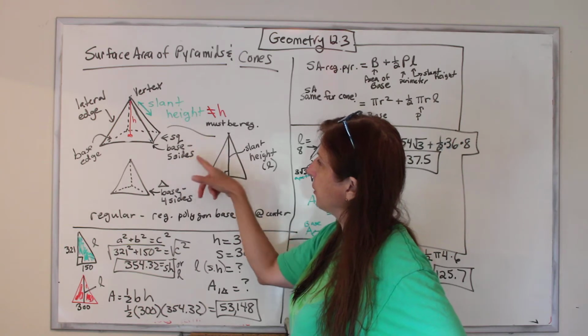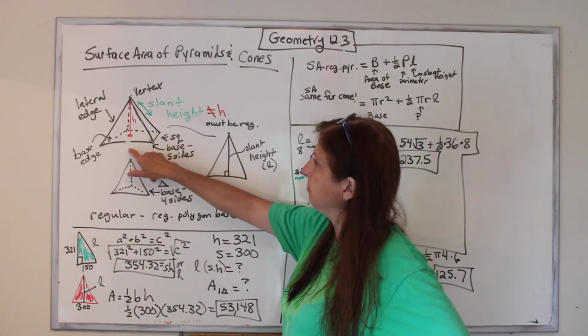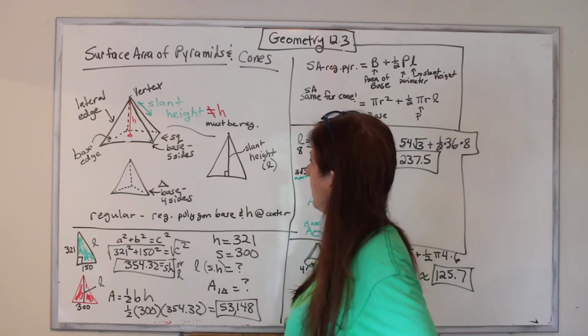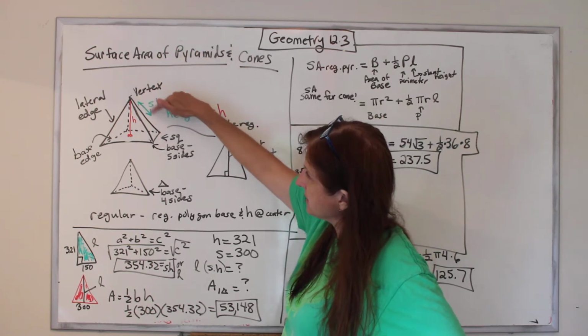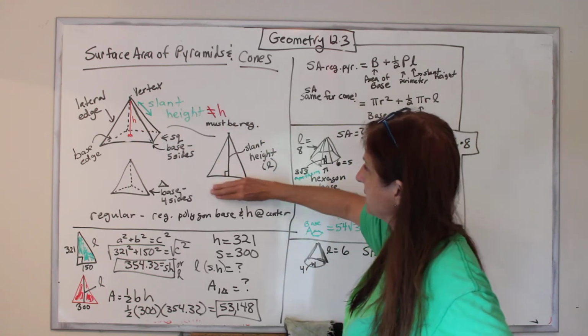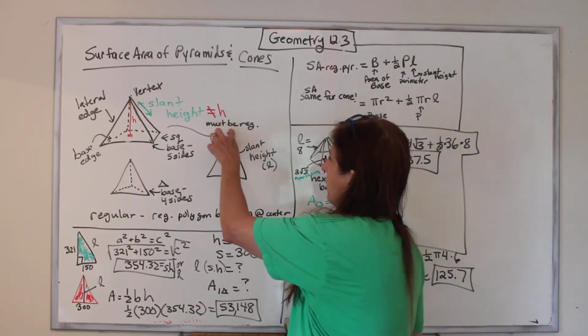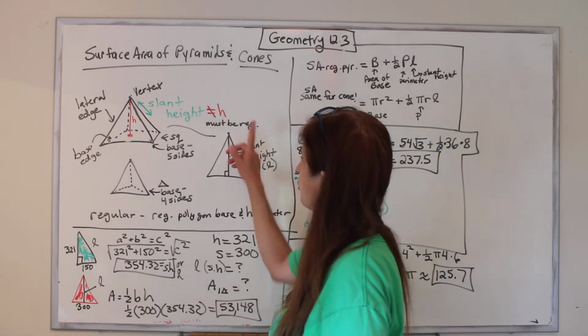So this one is a square base. It's got 5 sides, the bottom, and then 1, 2, 3, 4 on top. If you look at this side, that lateral side, and if we pulled it off, we could stick it right here and look at it, and it is a triangle.